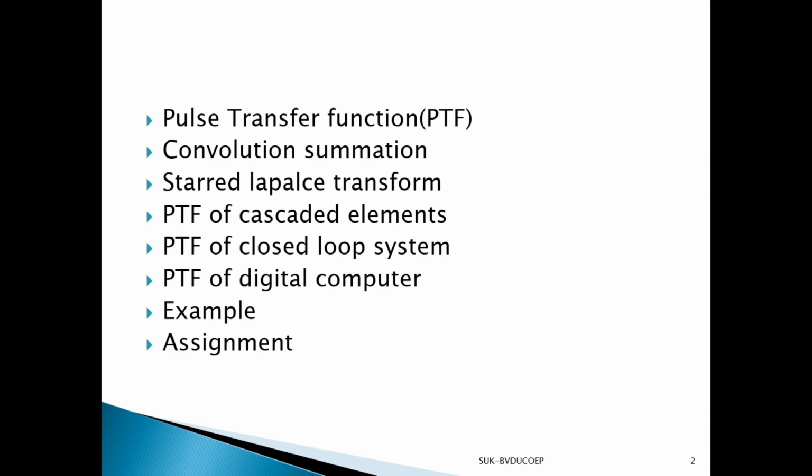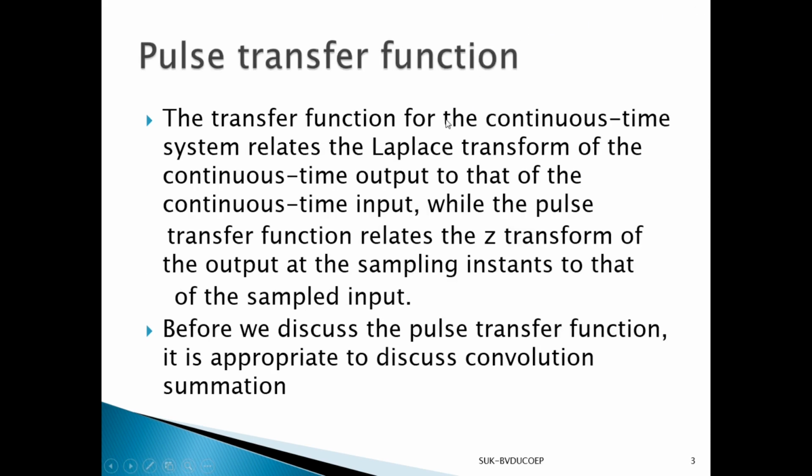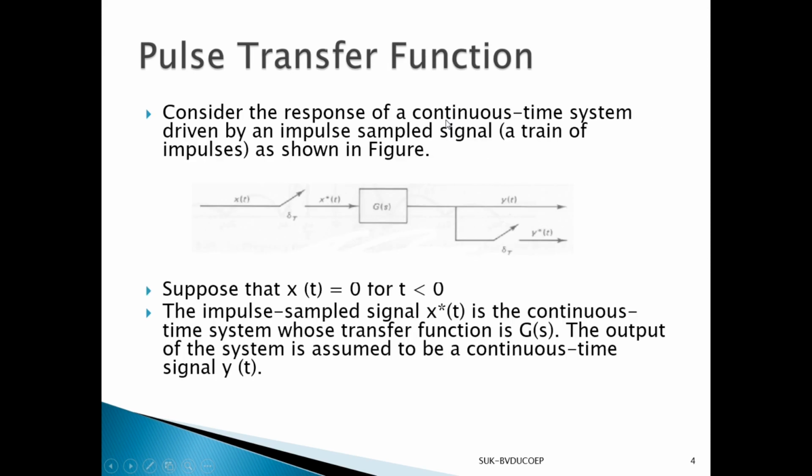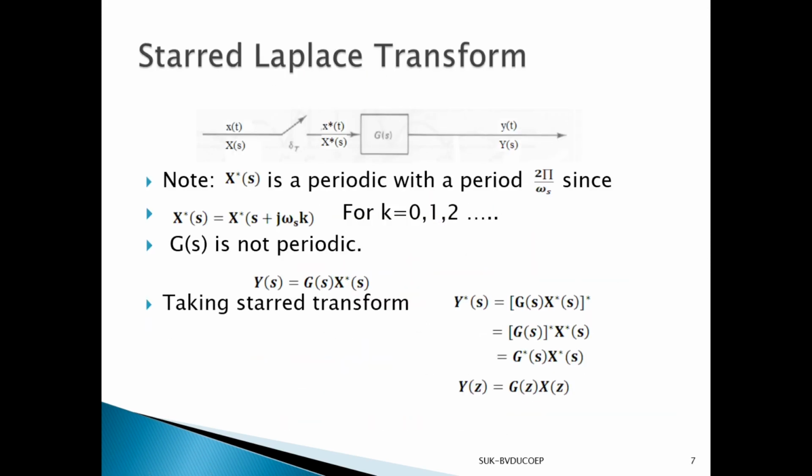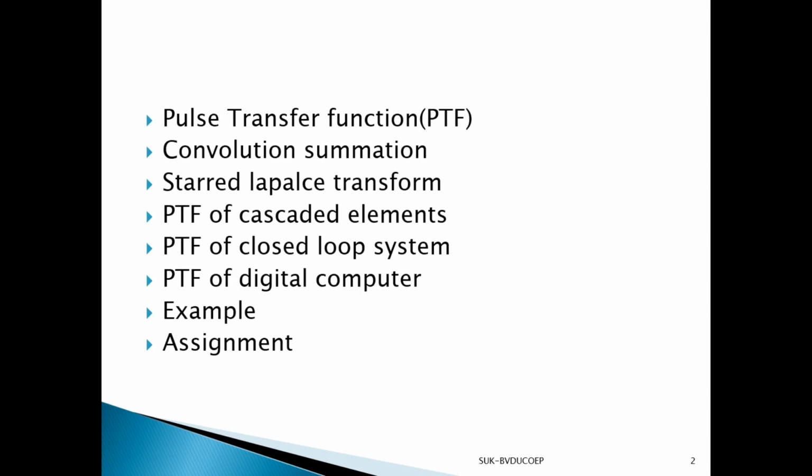Then we have to study convolution summation, star Laplace transform, pulse transfer function of cascaded elements, pulse transfer function of closed loop systems, pulse transfer function of digital computer, examples and assignments.